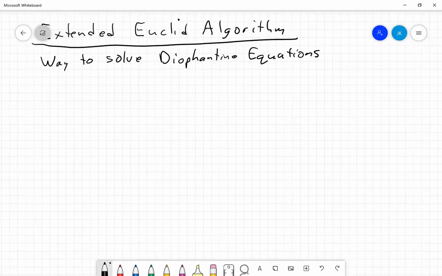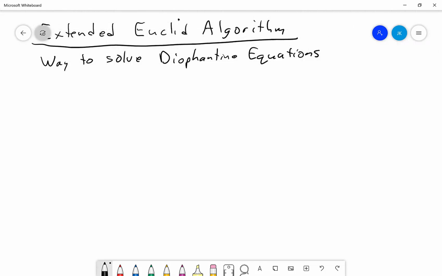When we go through this, I'll give some examples, and we'll see exactly how this works. But we need to describe what a Diophantine equation is. A Diophantine equation is where you have an equation like ax plus by equals c.